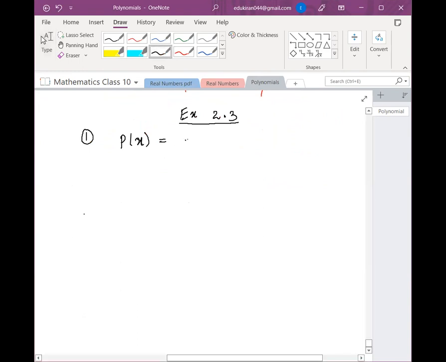Okay, so my polynomial is x cube minus 3x square plus 5x minus 3, and my gx, my divisor, is equal to x square minus 2.